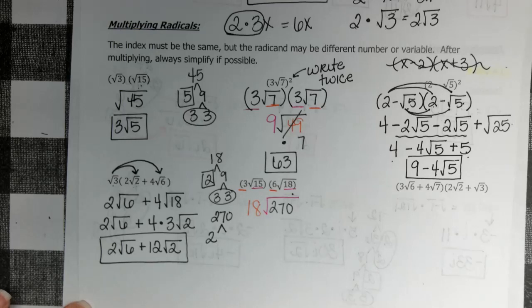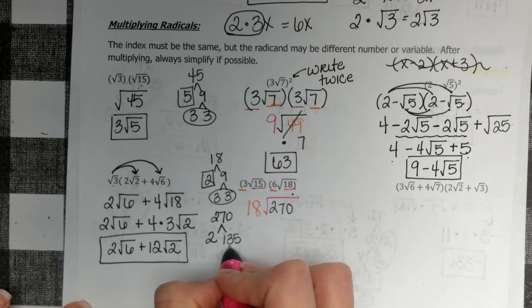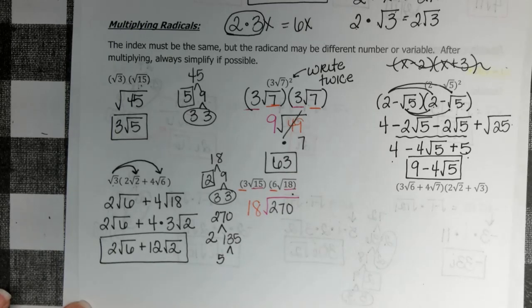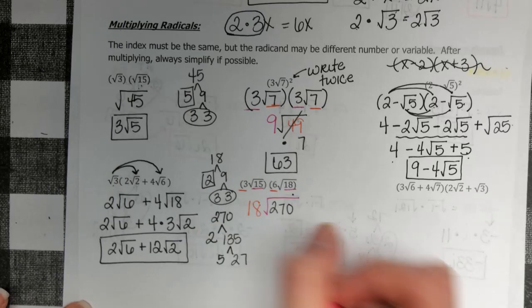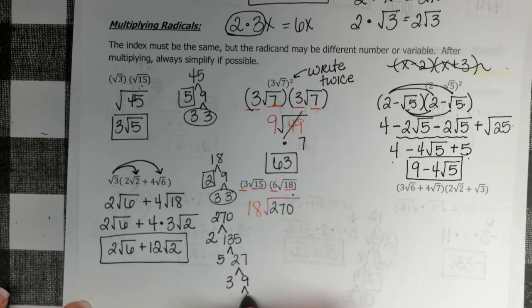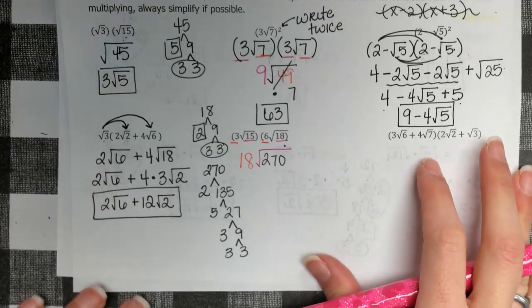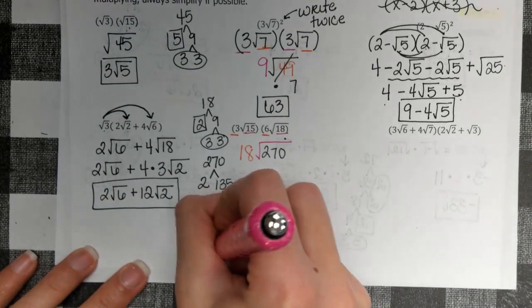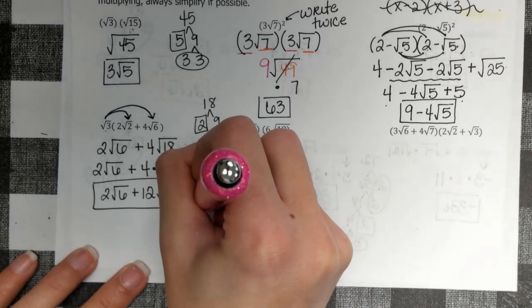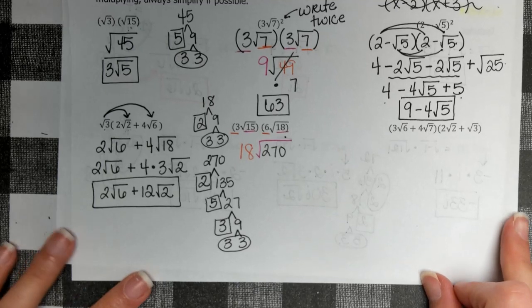That'd be 2 and 135. It ends in a 5, so I can divide it by 5. Gives me 27. 3 and 9. 3 and 3. So I would have a pair of 3s. A 3, a 5, and a 2 are all left over because I can't pair them.